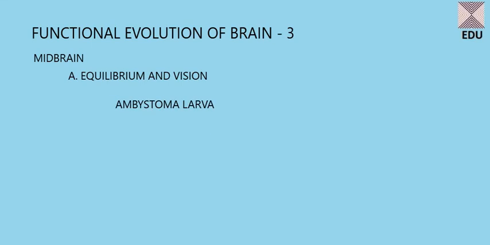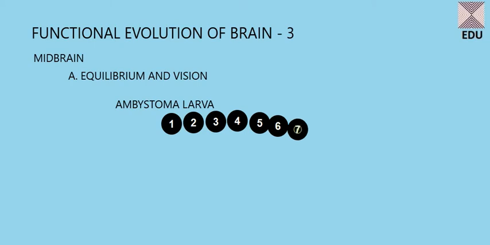So students, the next example is of the Ambystoma larva. If we see the developmental stages in Ambystoma, we demarcate them as stage 1, 2, and then we have stage 3 of this larva, then the 4th stage, then the 5th stage, and so on. We have different stages of development in this particular larva.